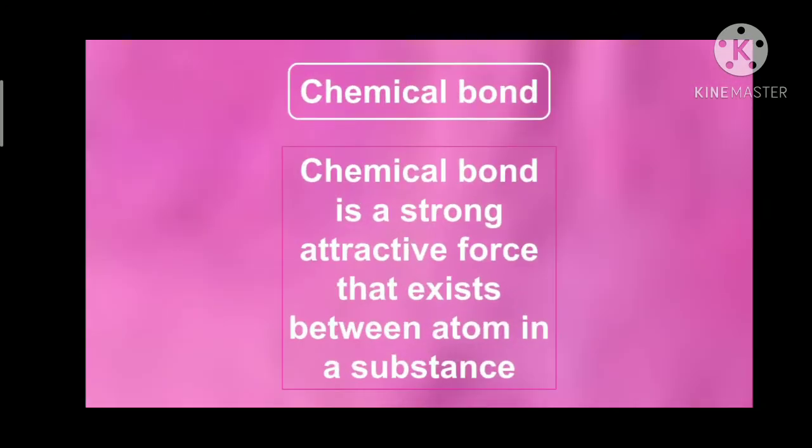A chemical bond is a strong attractive force that exists between atoms in a substance. What is a substance? A substance is a chemical material, a form of matter having a constant chemical composition and characteristic properties.